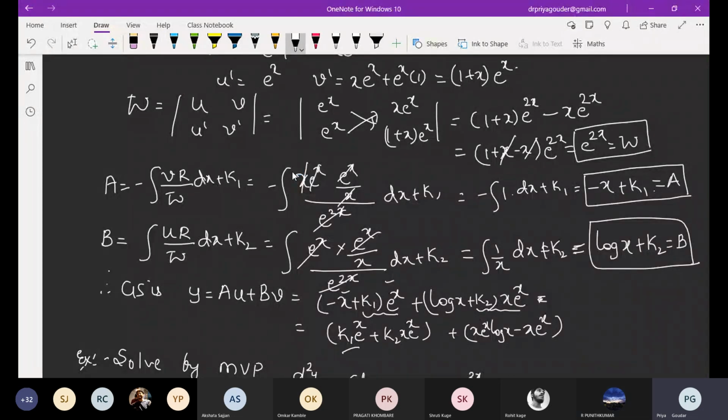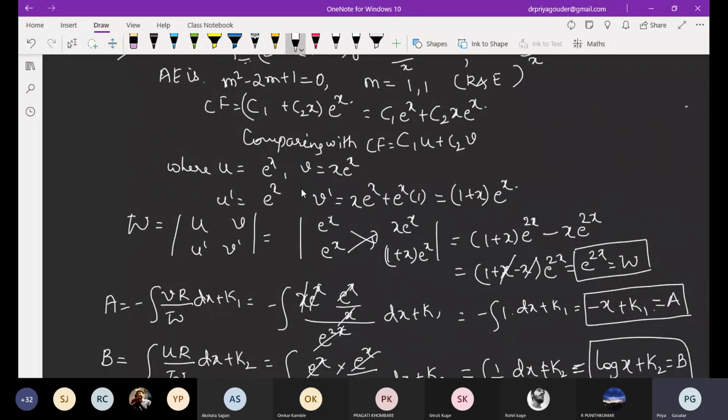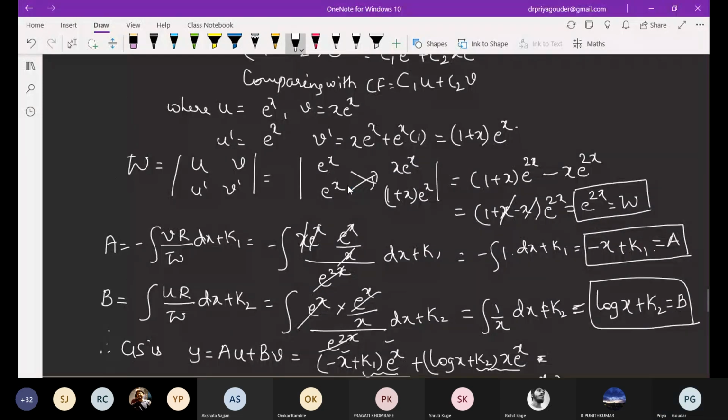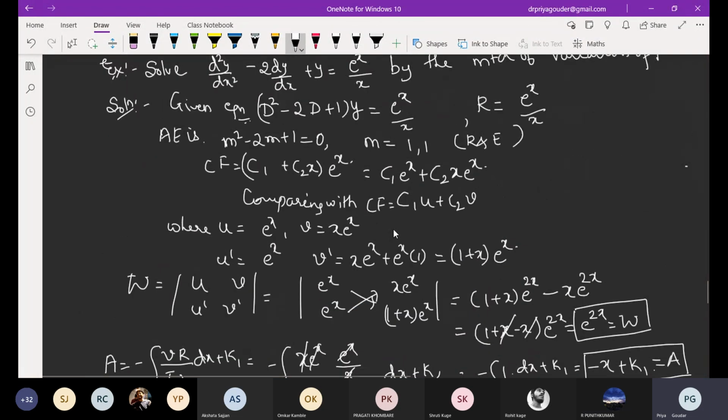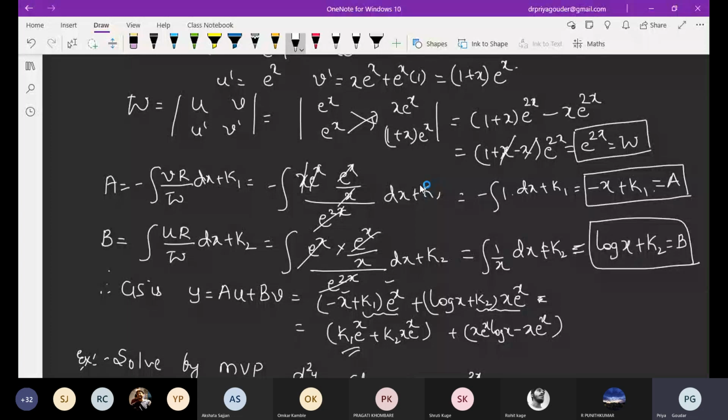Compare now this first bracket. Tell me where can you see some similarity? K1 e raised to x plus K2 x e raised to x. C1, C2. Yeah, it is exactly equal to the CF part what you have got, correct? But instead of K1, K2, they are C1, C2.